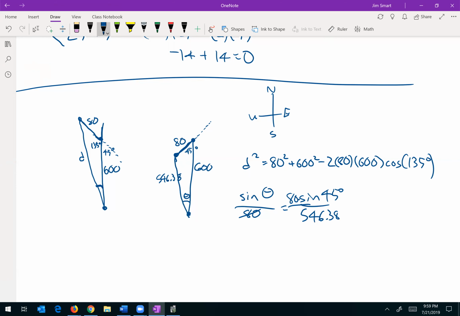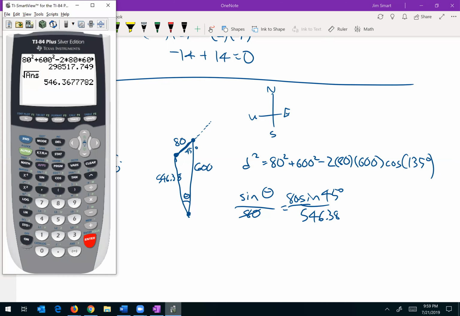I'm going to multiply both sides by 80, and then multiply out the right-hand side: 80 times sine of 45, divided by 546.38. Then I'm going to take the sine inverse of that.